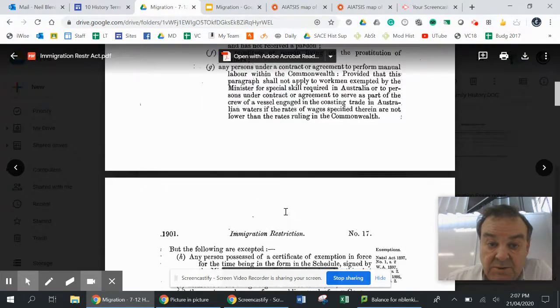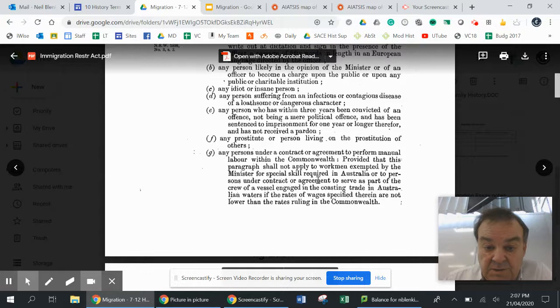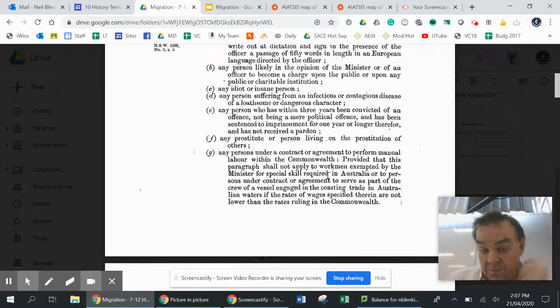I'm just going to go backwards. This one here is about labourers and things like that who under certain conditions can't come to Australia. F, any prostitute or person living off the prostitution of others can't come or migrate to Australia. E, any person who has been for 3 years convicted of an offence. So if you've got a criminal conviction or history, you can't come.